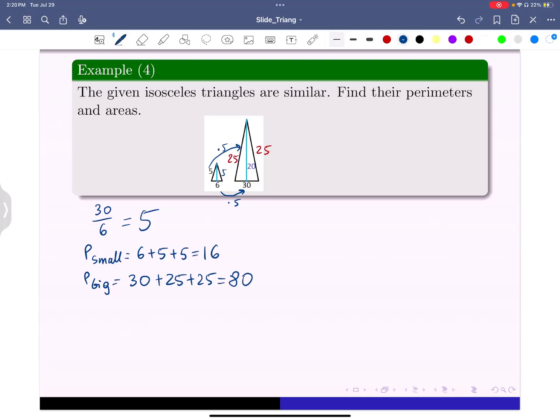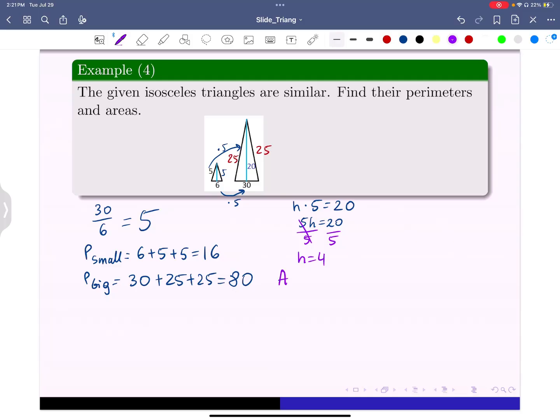I call it h, so h times 5 must be 20. So we have 5h is 20, divide by 5, so h is 4. The small height is 4.